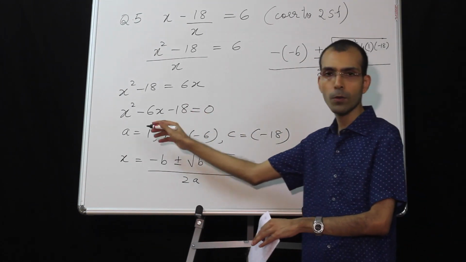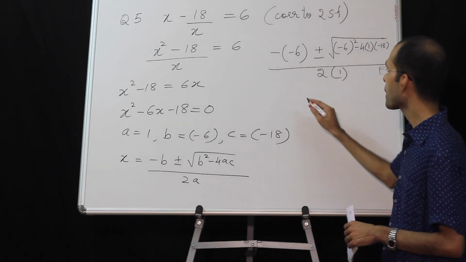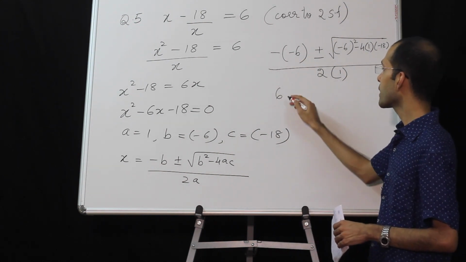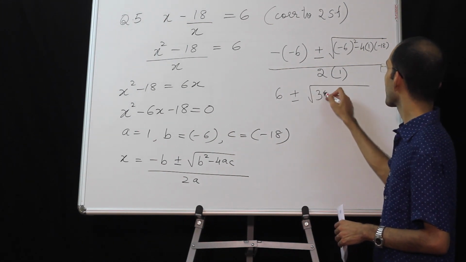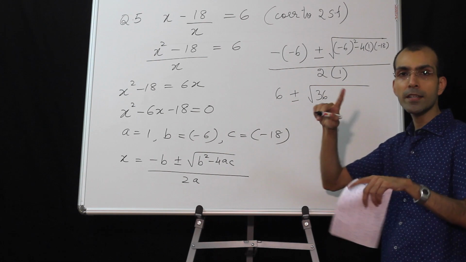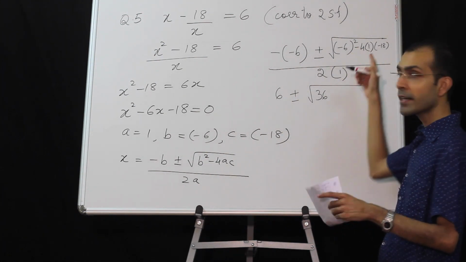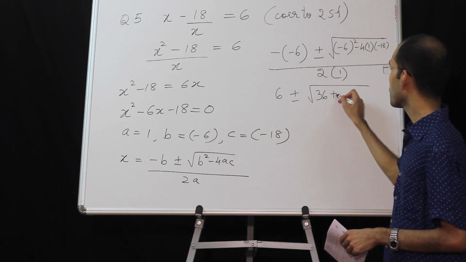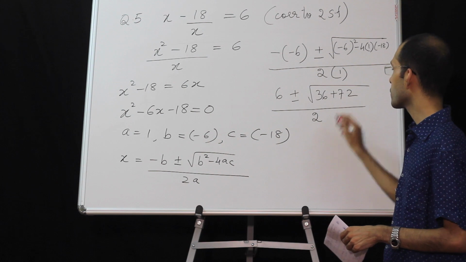What is a? 1. So this step will fetch you 1 mark. So minus into minus plus, plus or minus square root of 36, 4 into 1 into 18. How much? 72. Negative into negative, positive. So plus 72. The whole divided by 2.